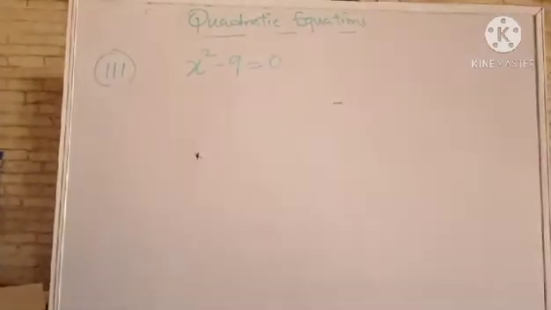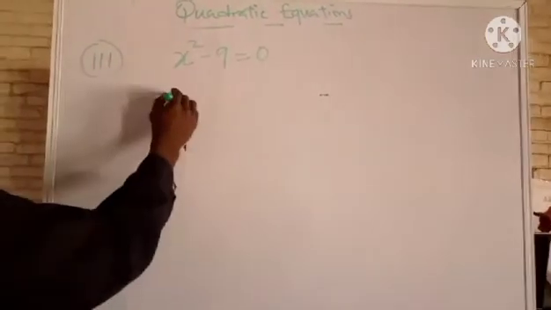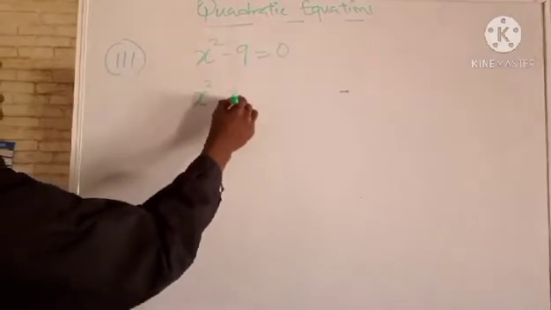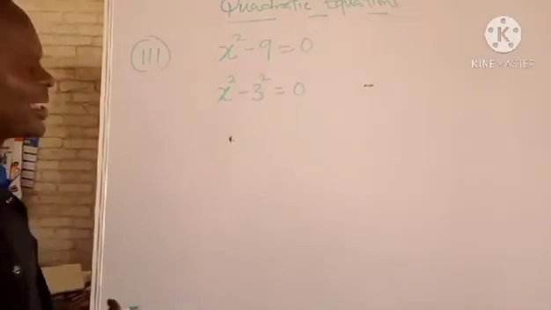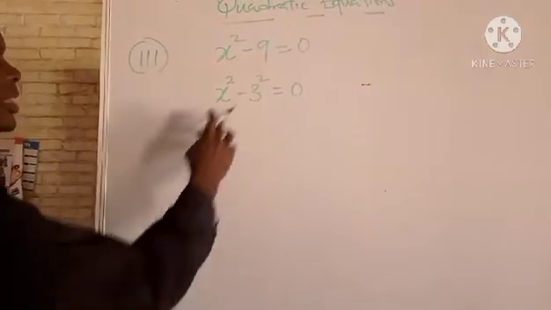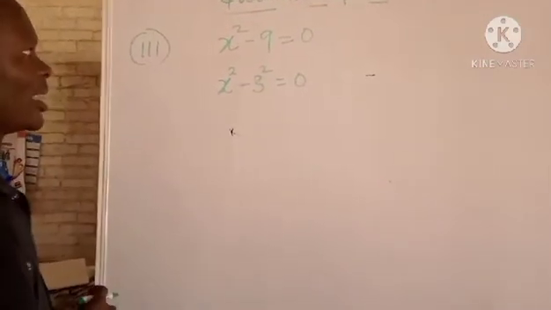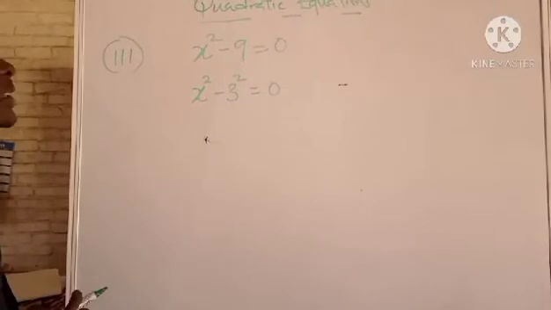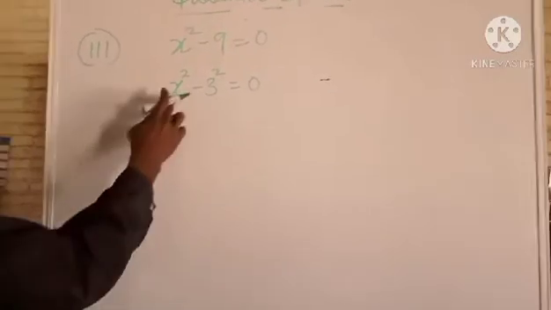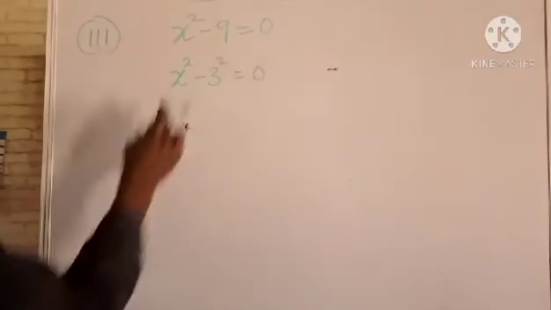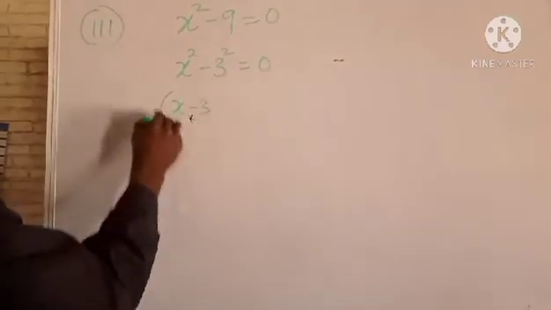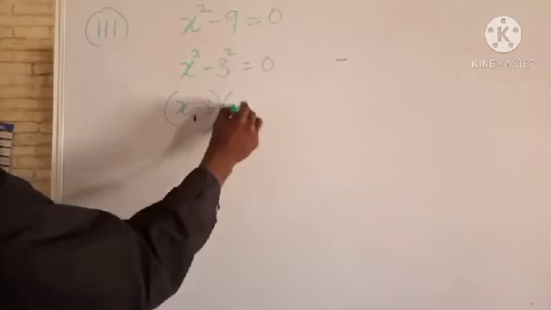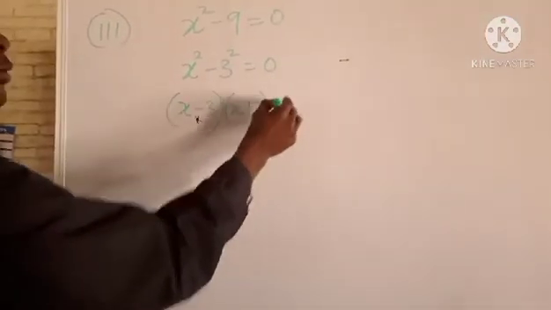So we express this as x squared minus 3 squared equal to 0. Because 9 is a perfect square, how? 3 squared gives 9. According to the rule for difference of two squares, if I have x squared minus 3 squared equal to 0, what that means is (x - 3)(x + 3) is now equal to 0.